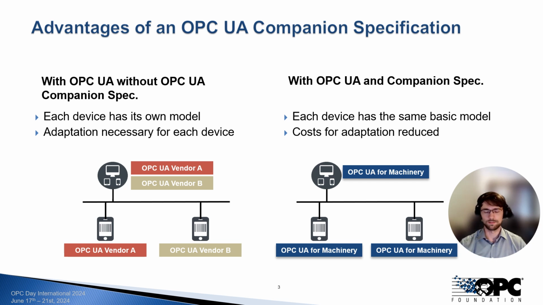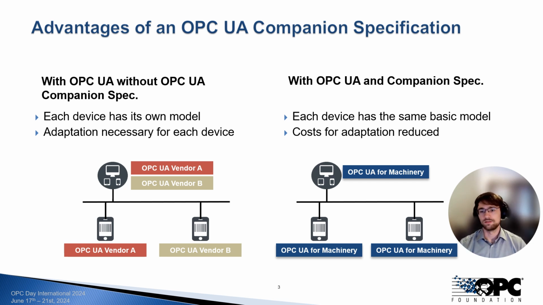To give an example, for the identification, vendor A may use the identification as modeled in the DI specification, but vendor B may have modeled a completely separate model, giving the ID as a string, for example. And then I have to define in my software solution that those two information types are the same.